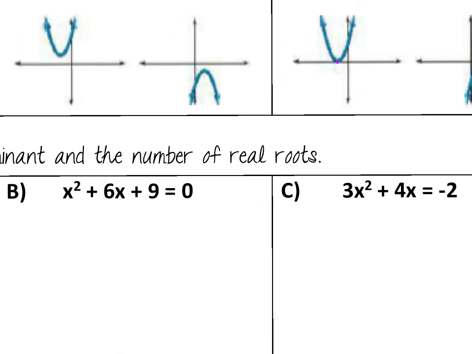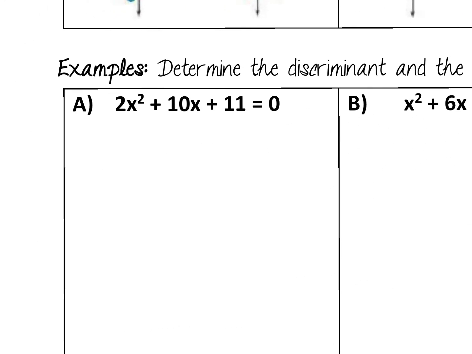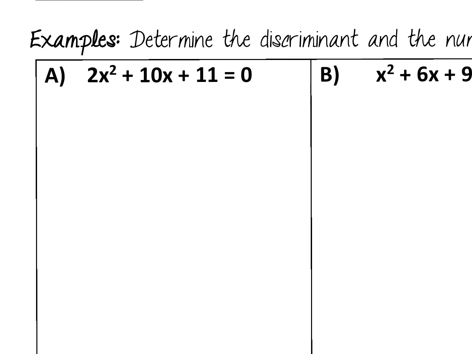Let's do a little bit of practice with just the discriminant, nothing else. Okay, so the first thing that I do is I go ahead and I list just what A, B, and C are. It doesn't take you long. Okay, A is 2, B is 10, C is 11. So I have b squared minus 4ac.